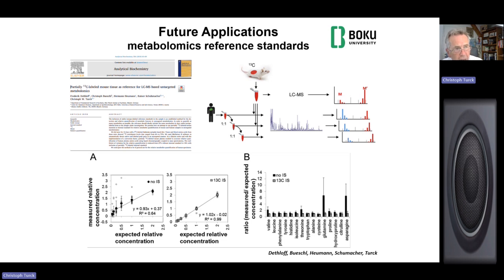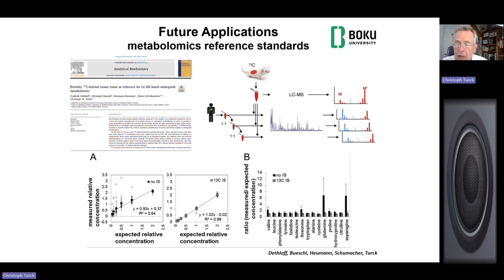Even if the protein part of the diet is over 90%, there's so much other carbon, namely lipids and sugars, in these diets that you never get very high incorporation rates. We were able to go up to 60% incorporation with these 13C mice. But we asked the question, can we still use this material as a reference for untargeted metabolomics experiments?